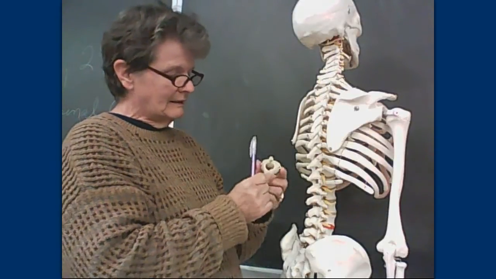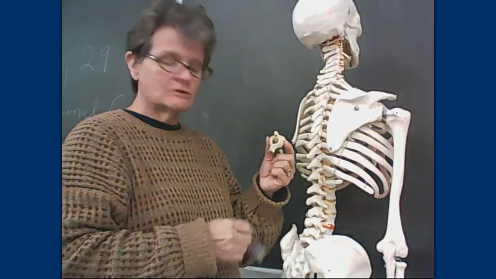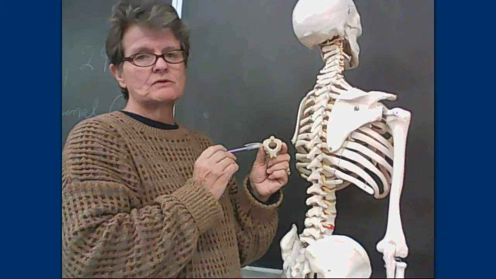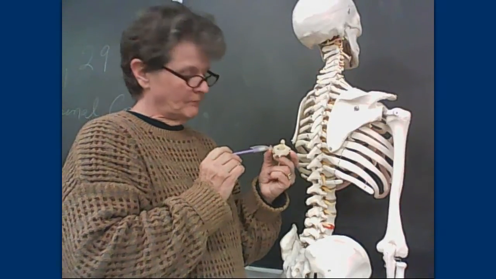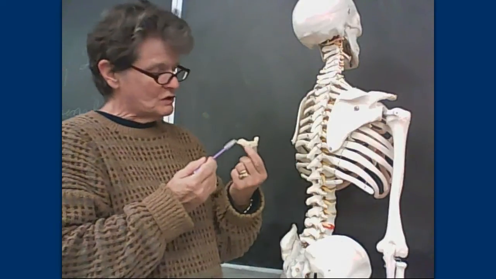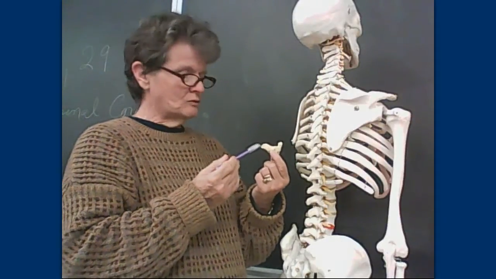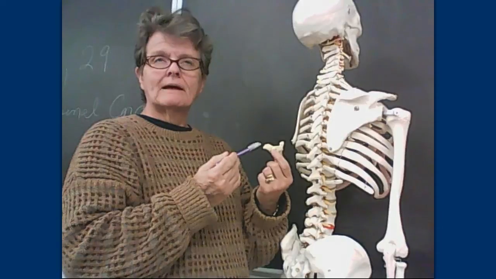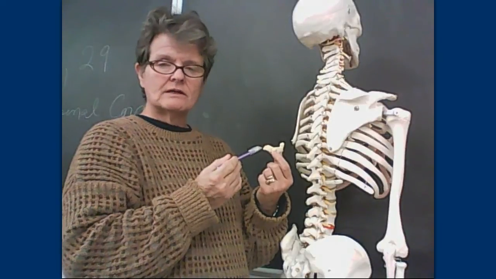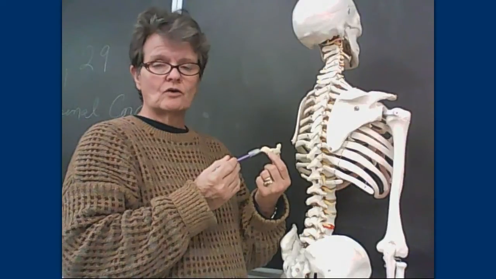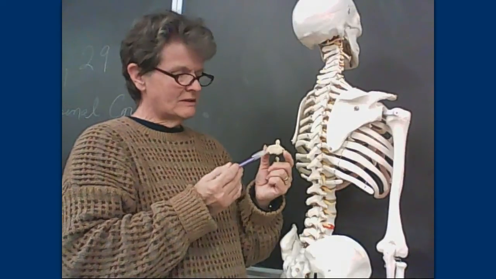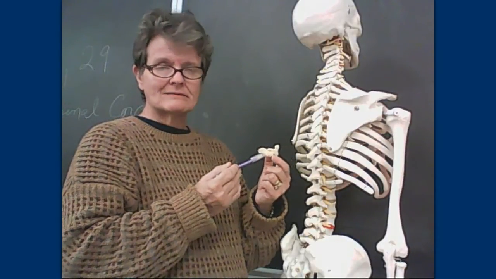Here again is the axis, C2, and on its transverse process it also has the transverse foramen. Now, off the posterior part of the axis, the C2 vertebrae, you have what is called the spinous process.